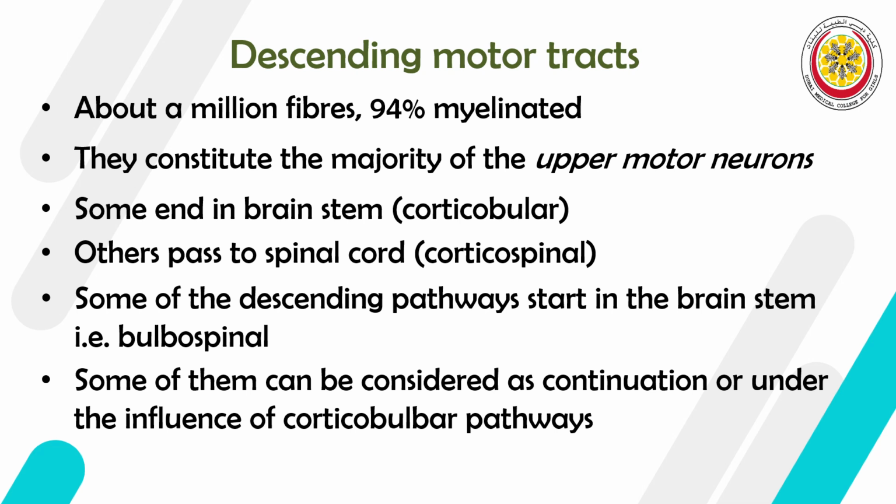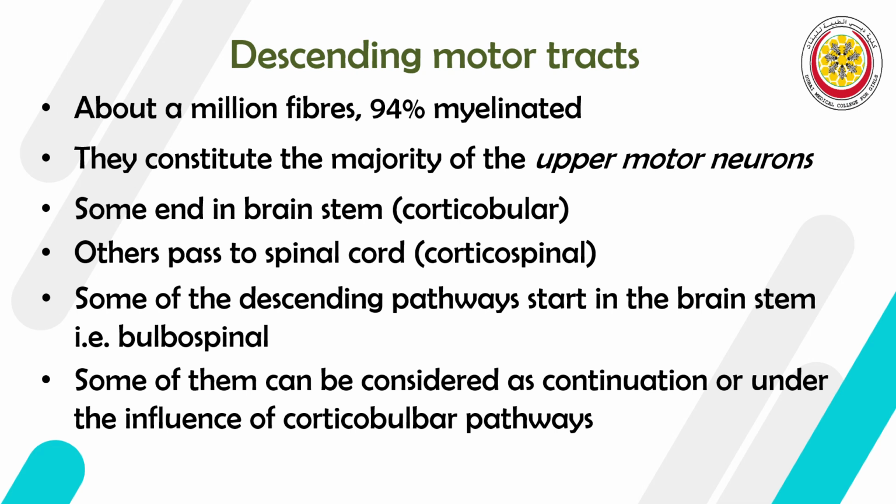For example, we have the reticular formation, isn't it? So we have corticoreticular, and then we have reticulospinal. They can be one pathway, isn't it? One pathway. This is a controversial issue. We will discuss it a little bit more when we come to these bulbospinal tracts.